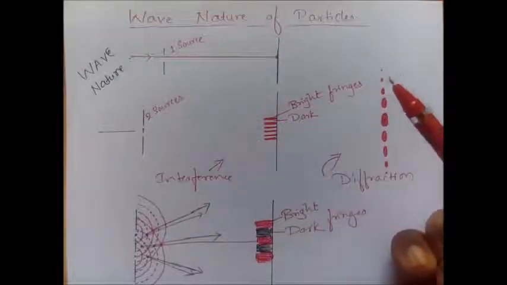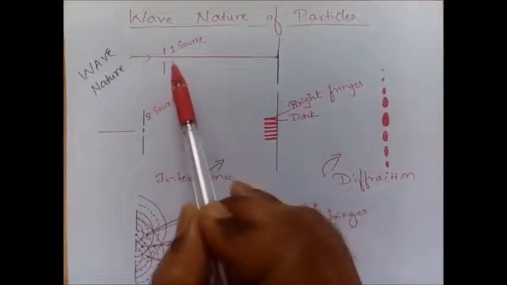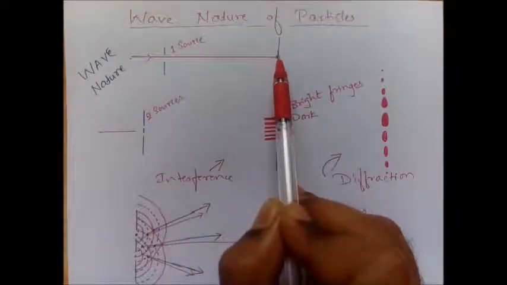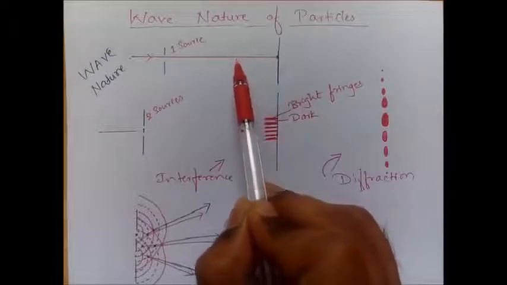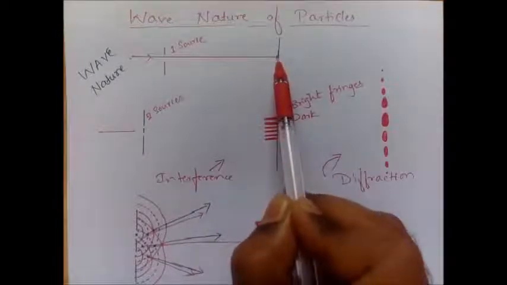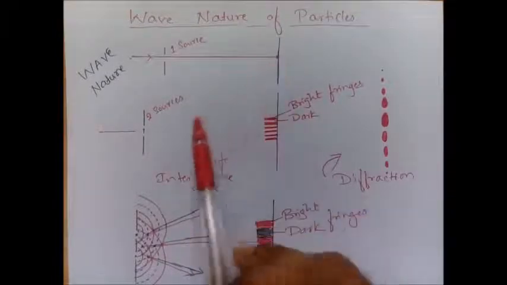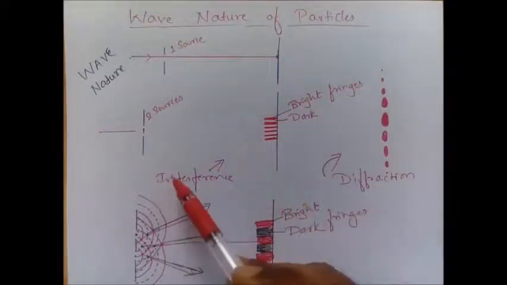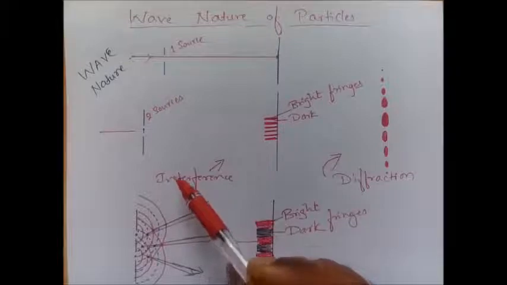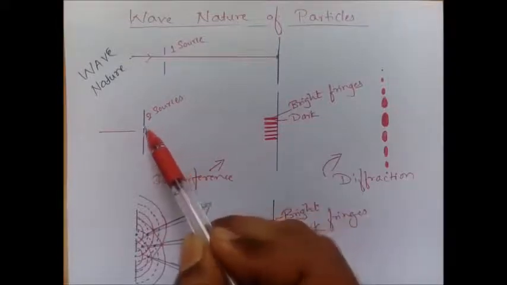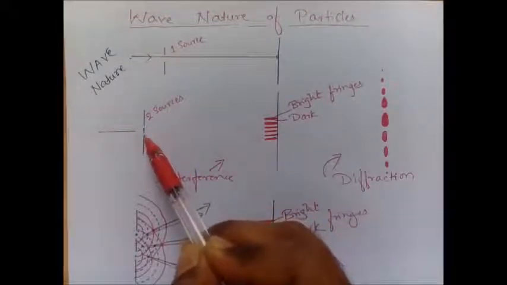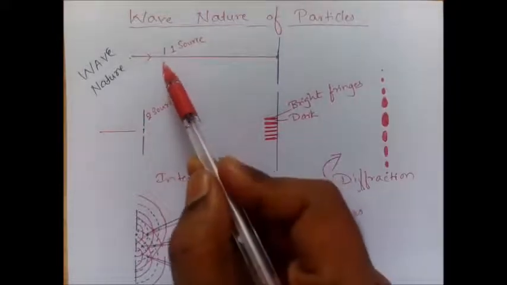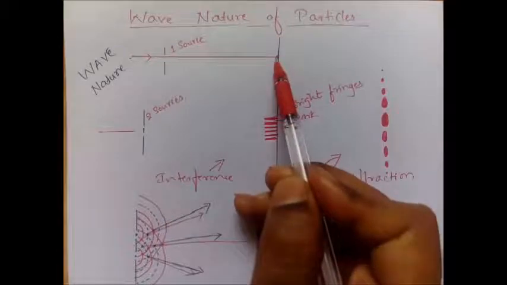So what is interference? Let us consider a source of light. Let us say this is a laser light, and it is incident on the screen, so there is light falling on the screen. Now there is only one slit and light is falling on this screen.